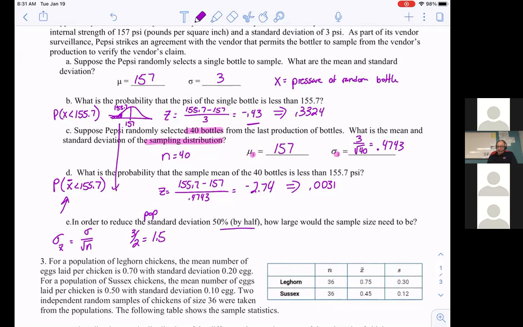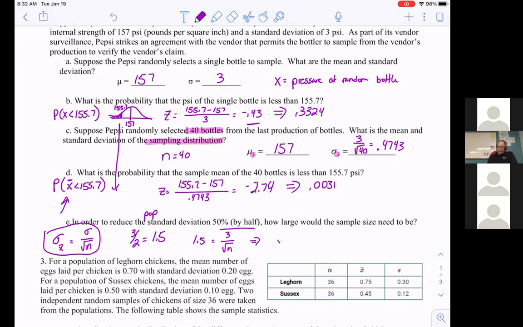So if I come over here and look at this, I want my sampling standard deviation to be 1.5 equals 3 divided by the square root of n. So now my algebra skills take over, and we can figure out what n is.